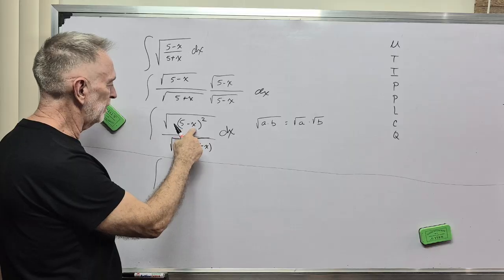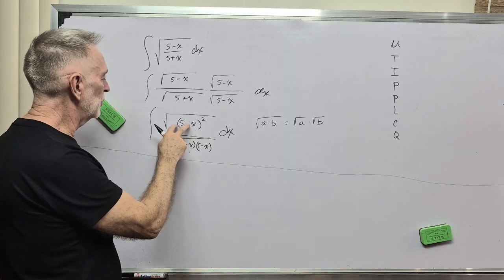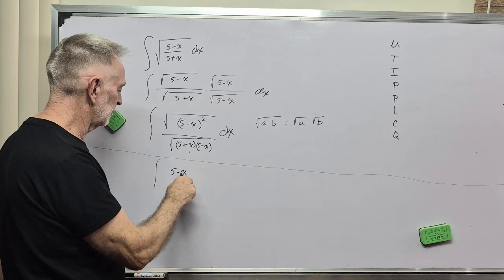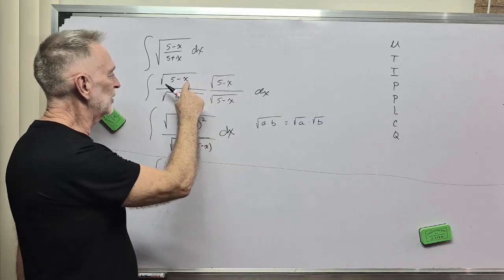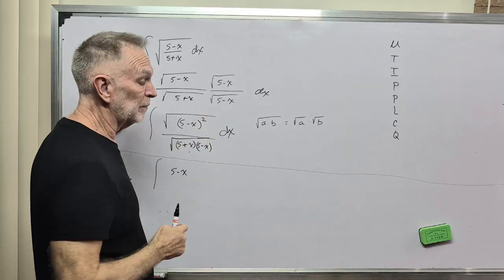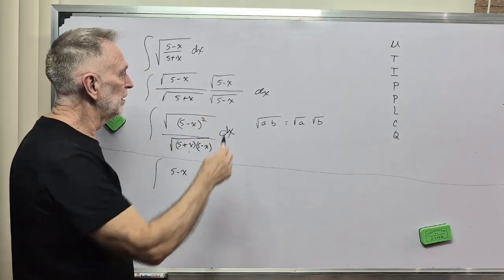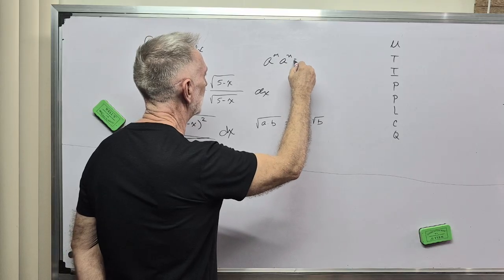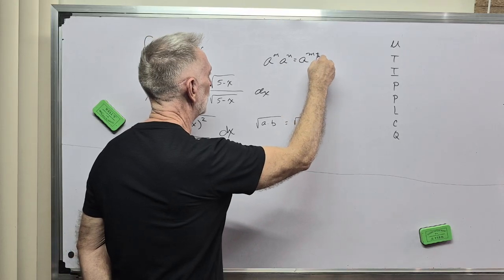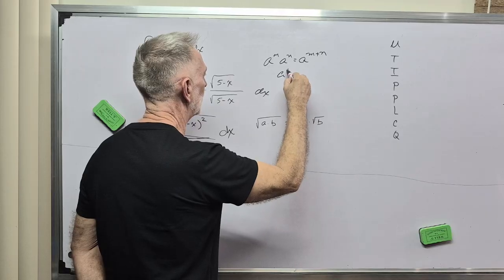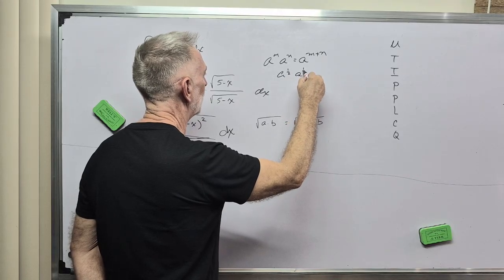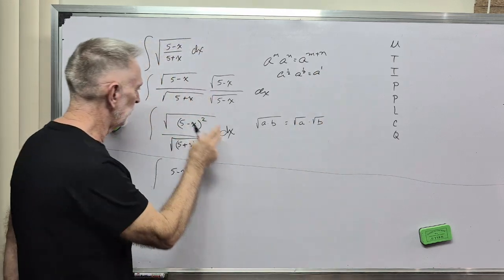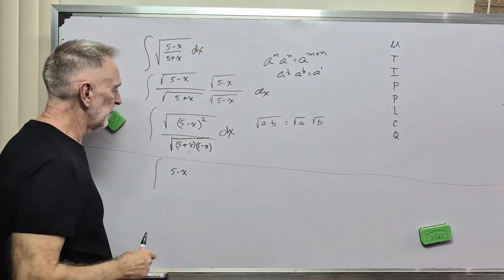The square root of 5 minus x squared is 5 minus x. Of course, we could have said 5 minus x to the 1/2 times 5 minus x to the 1/2. a to the m times a to the n is a to the m plus n, so 1/2 plus 1/2 gives the first power, which is what I have here.